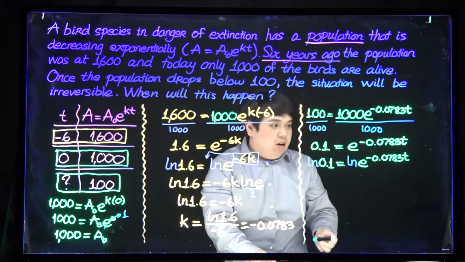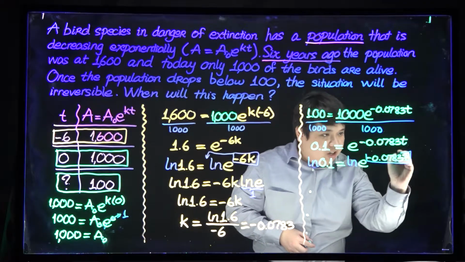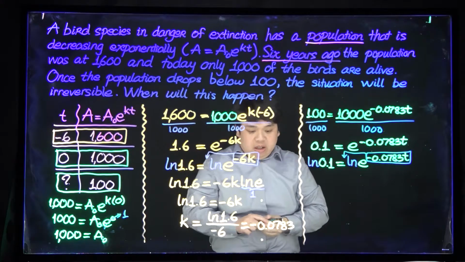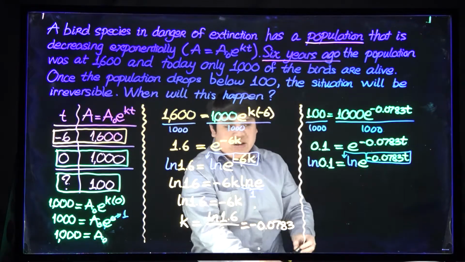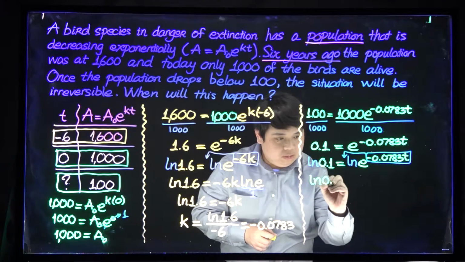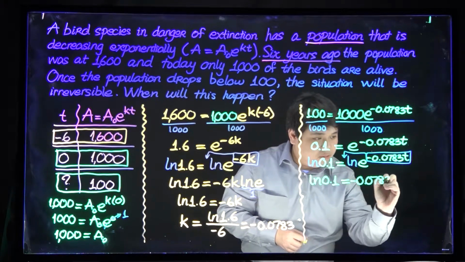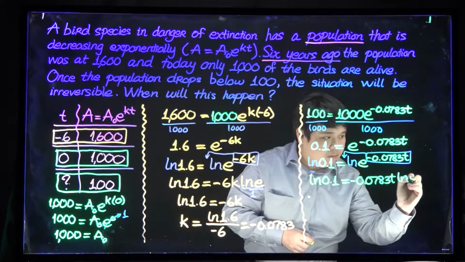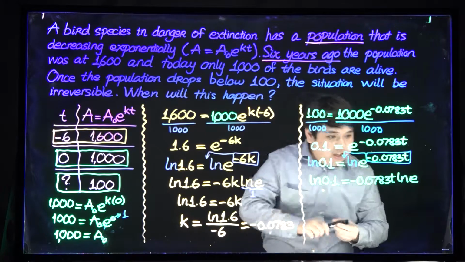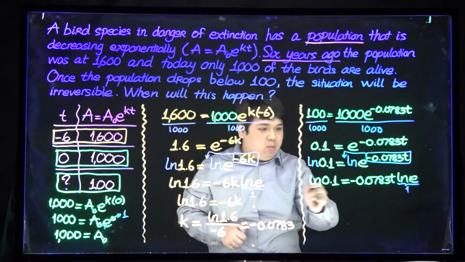With the properties of the natural log, or any log in general, we can move the exponent outside as a coefficient. And we still have ln of e, and ln of e is 1. So pretty much we only have this part.